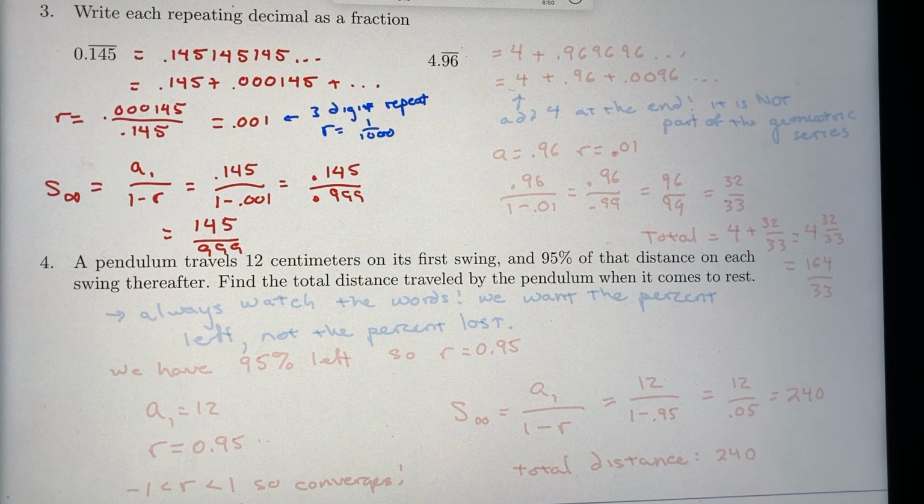Does that reduce? Ask your calculator. No, that doesn't reduce. That's it. Okay. Now here the 4 is going to have to be just dealt with separately. So let's just write a note.